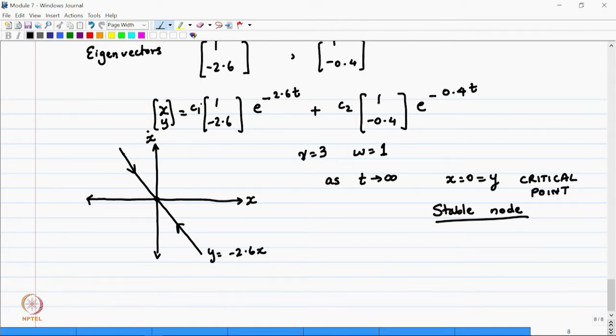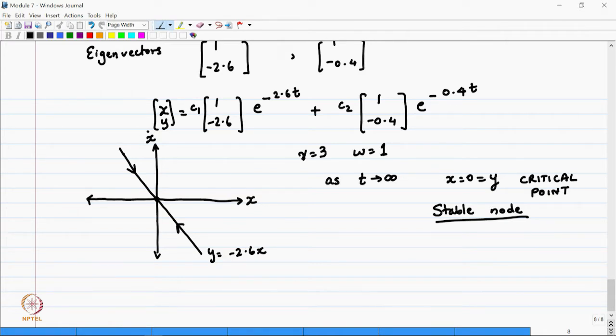If your initial condition, which tells you what the value of C1 is, is such that y is greater than 0, then you will go to 0 in this way. So, the ratio of y to x is given by this minus 2.6. So, this is one case when C2 equal to 0.